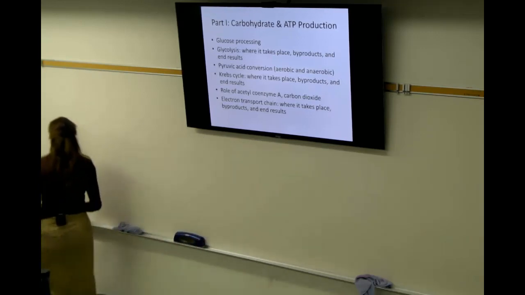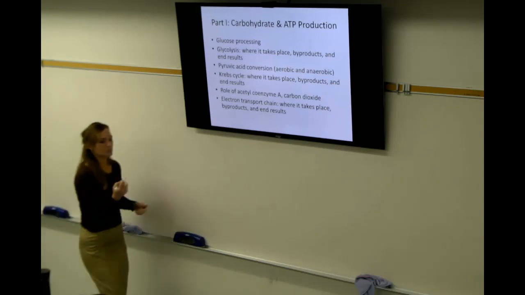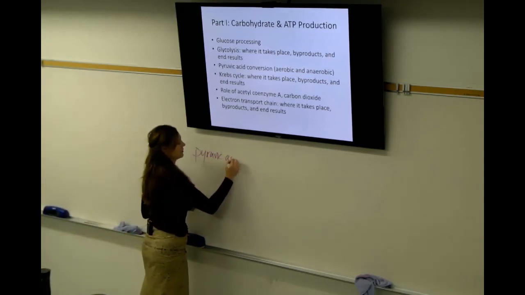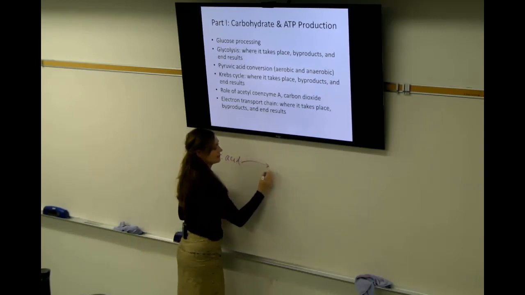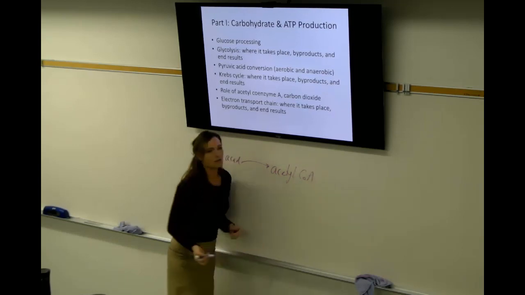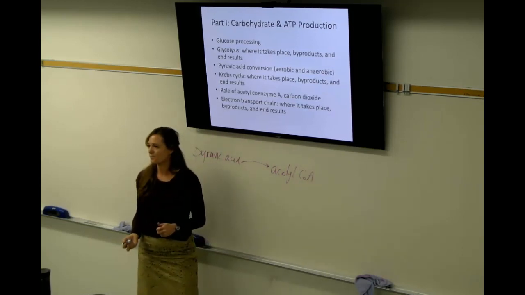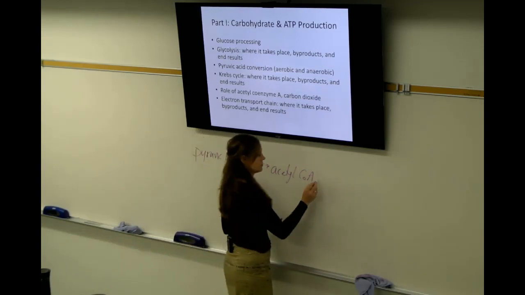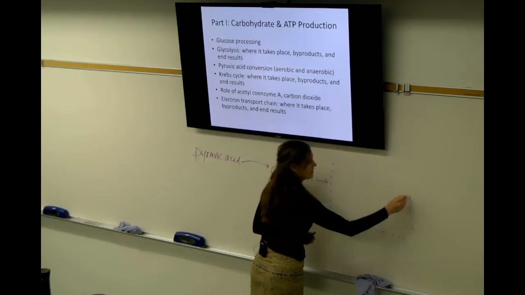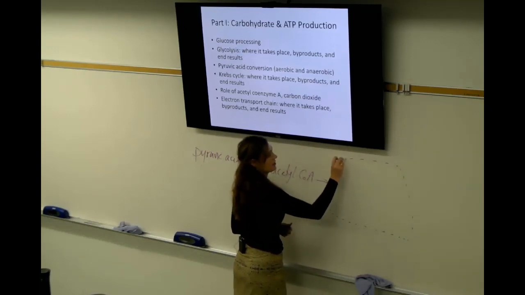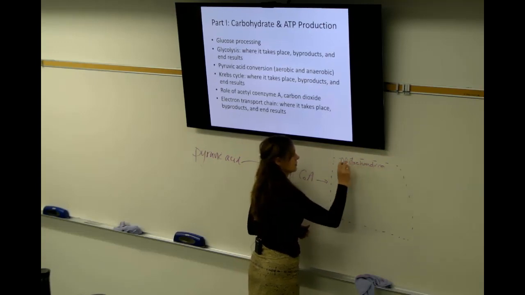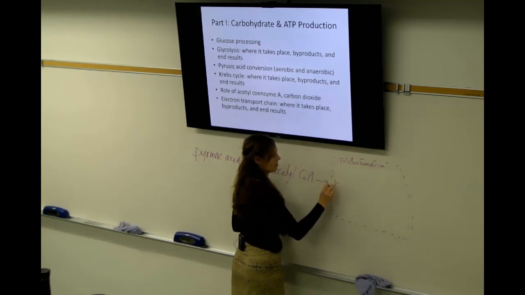I'll write that down. Pyruvic acid is going to become acetyl-CoA. Acetyl-CoA is going to go where? I'll do a little dotted line here, because we're now in the mitochondria. So it's going to go into the Krebs cycle.